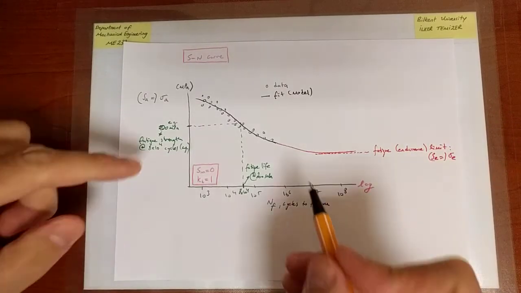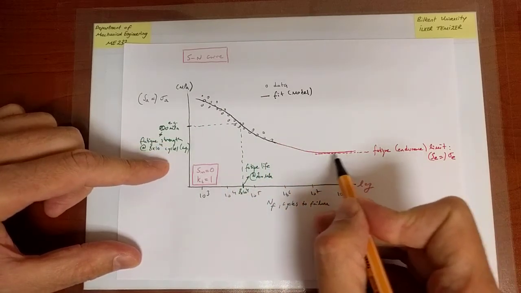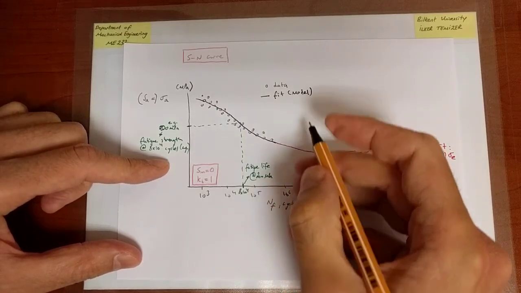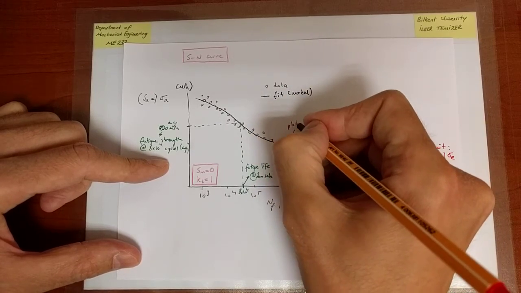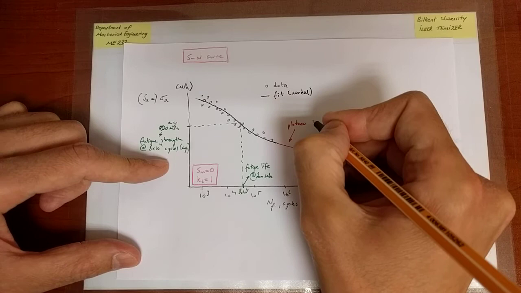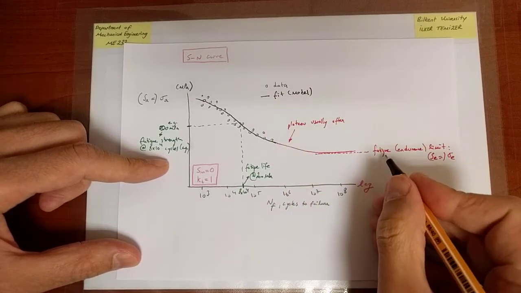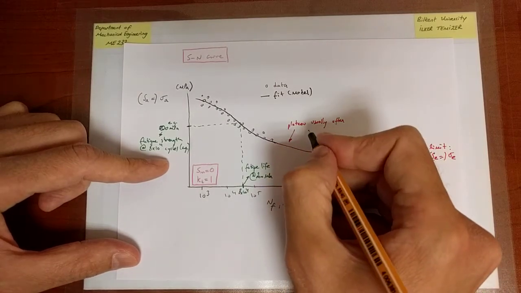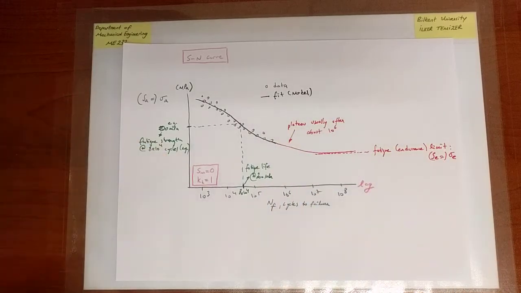Now, this plateau where the stress essentially levels off occurs usually somewhere after 10 to the 6 cycles, which is a lot of cycles. So if there is a fatigue or endurance limit, usually you observe the plateau after about 10 to the 6 cycles.